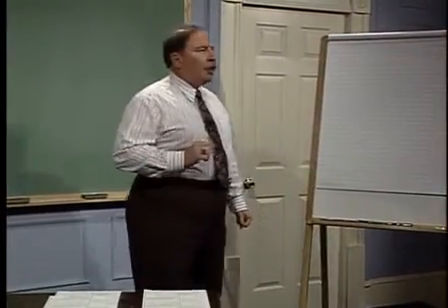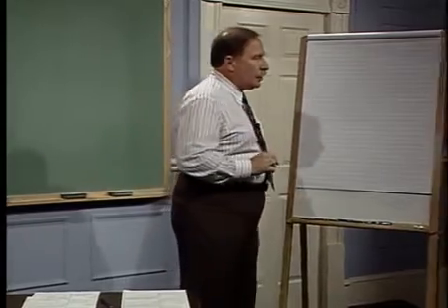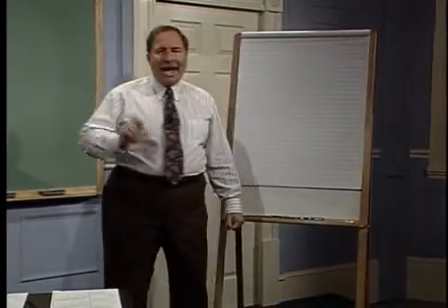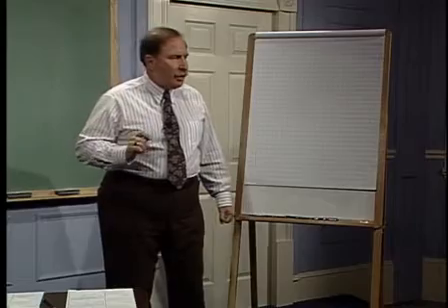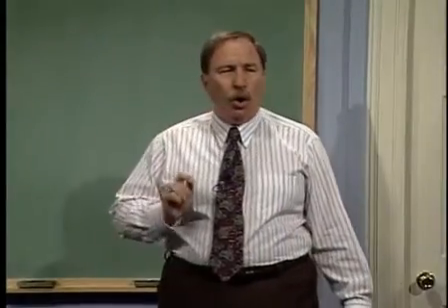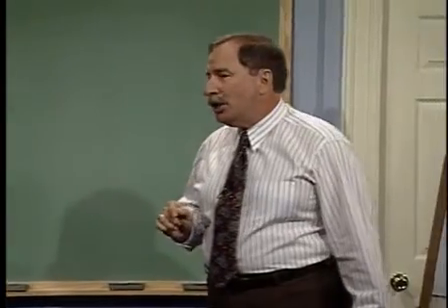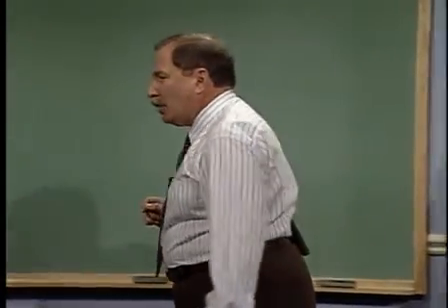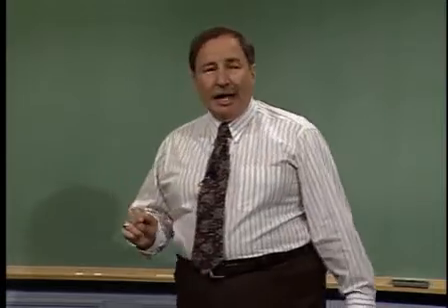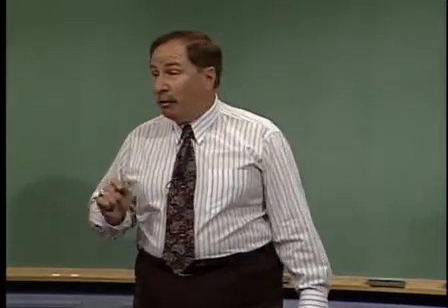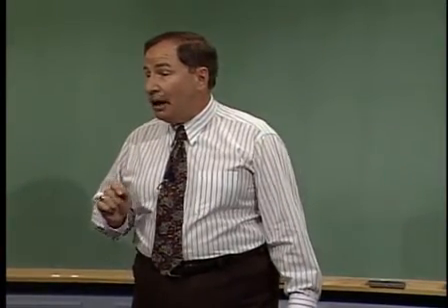When we added polynomials earlier in this series, we knew that we could only add x's and x's, x squareds and x squareds, x cubeds and x cubeds. We could only add things that were alike. When we add matrices, we can only add matrices that have the same order. The same number of rows and the same number of columns.